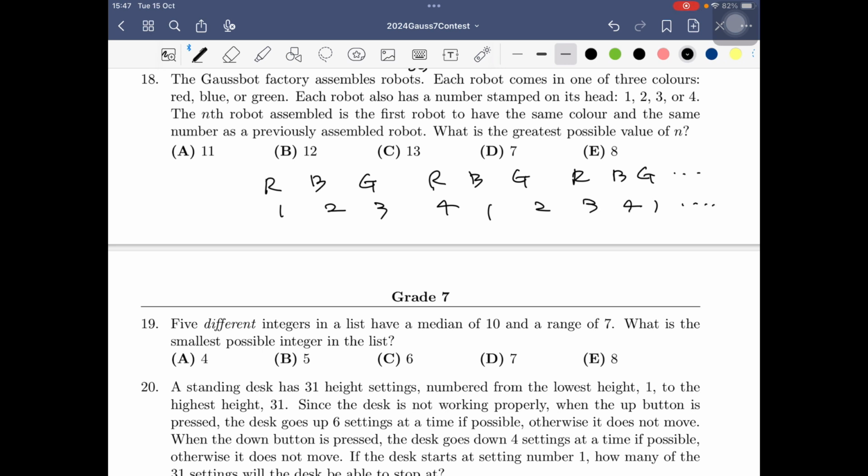So this is asking about the LCM, least common multiple, of 3 and 4. This is 12. So after the 12th robot, it starts again from red and 1.